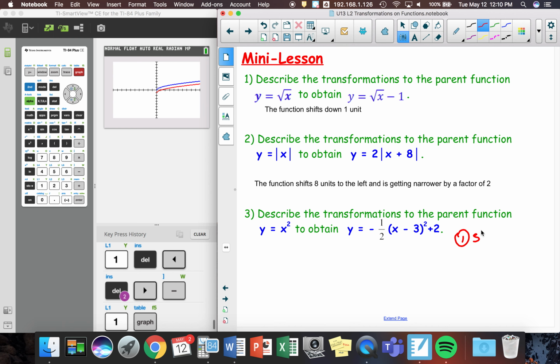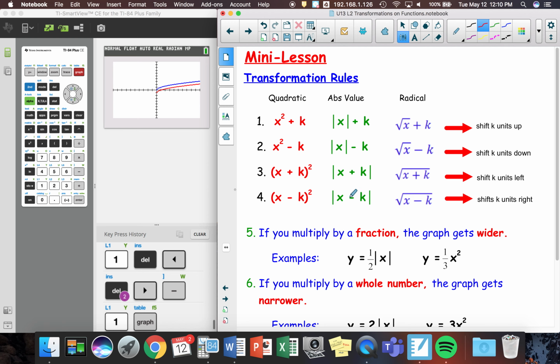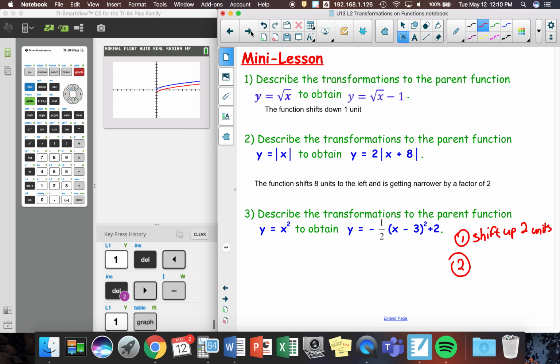So shift up 2 units. The next thing that I notice is that there's a minus 3 on the inside. If it's a minus 3, let's go back really quick. Minus on the inside means it's going to go to the right. So shift right 3 units.